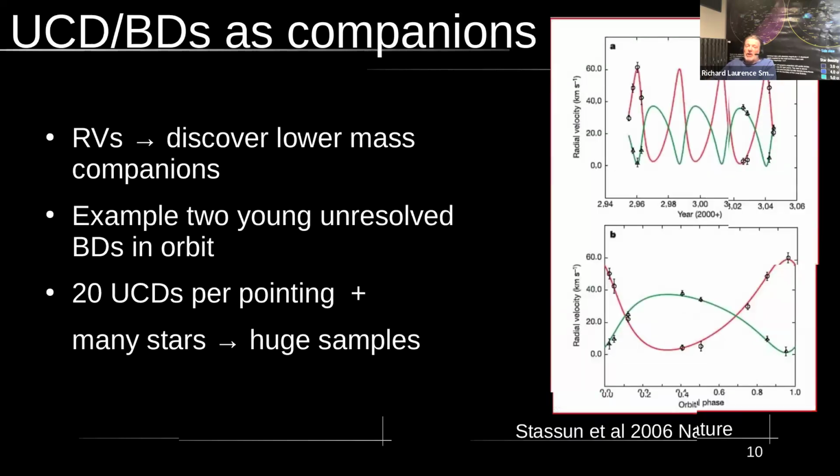The UCDs and brown dwarfs will be seen as companions when the WST does it with its radial velocity capabilities. As you can see, the radial velocities are well within the capabilities of the WST. It's kilometers, not meters per second, as you have to go for planets. The example being shown is 2 brown dwarfs where they are unresolved, and you see their orbits quite clearly.